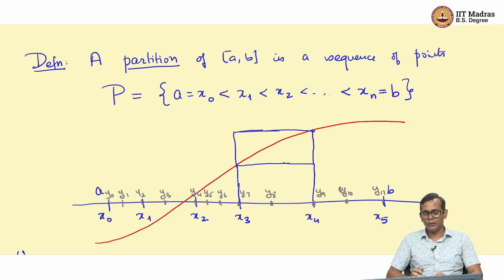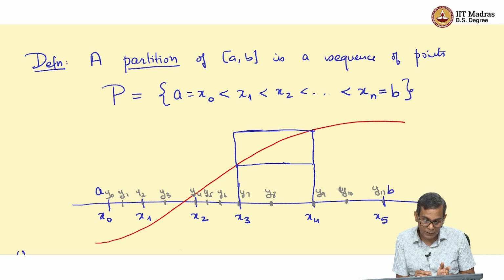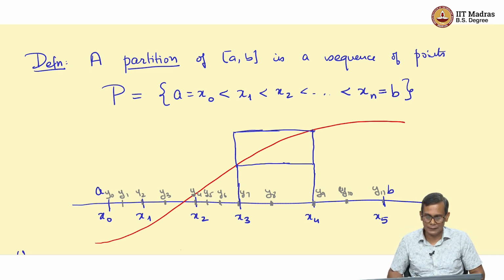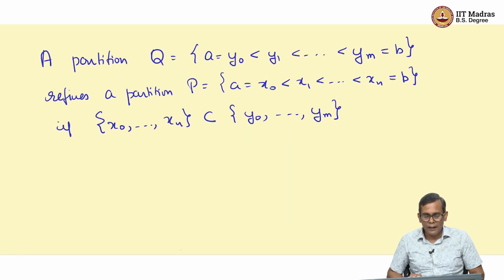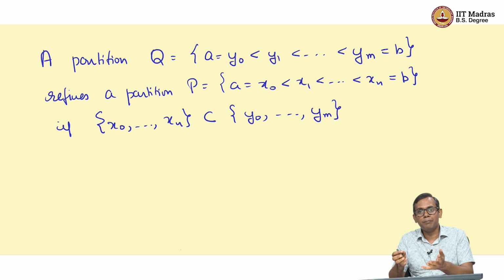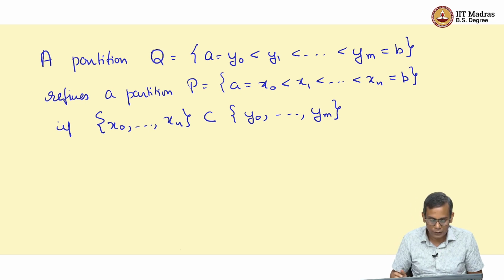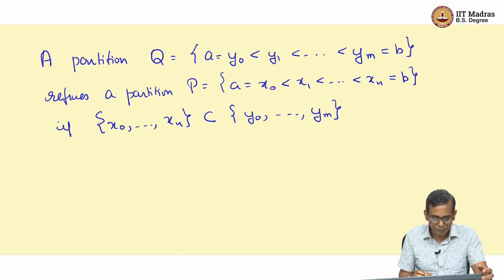So you're taking each subinterval of P and dividing it further into smaller pieces. And the idea is that as you refine your partitions, you should get better and better approximations to the area under the curve. So let's try to formalize that.